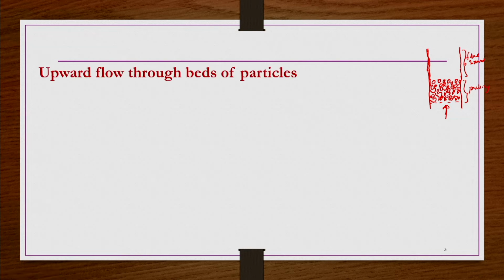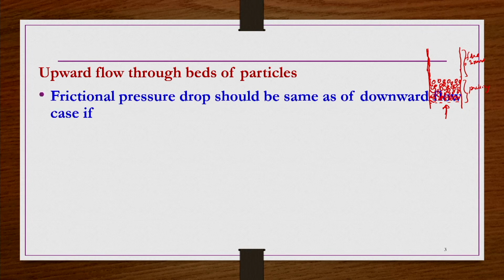Under such conditions, for upward flow through beds of particles, the frictional pressure drop that we have calculated through the Ergun equation would be the same here also, as in the case of downward flow, if the bed is constrained at the top. If the bed is constrained, then whatever high velocity you give, the particles are not able to escape from the packing area, because now the bed is completely packed.